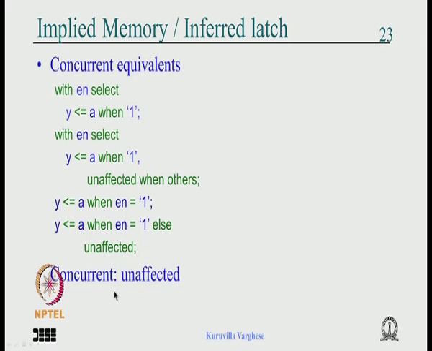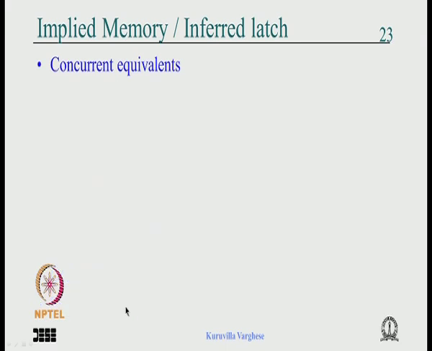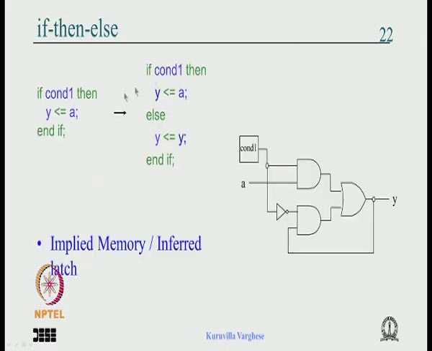Even for sequential statements there is a keyword called null which gives the same effect. Instead of this you can say if condition 1 then y gets A else null, meaning y will remember the previous value. That is the meaning of it.